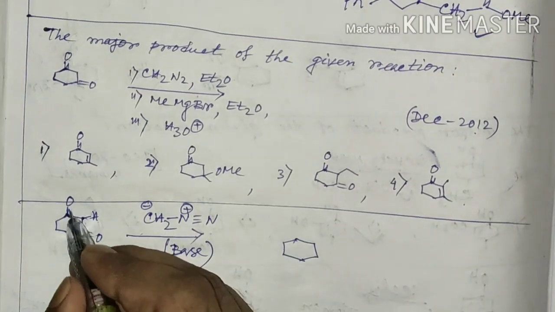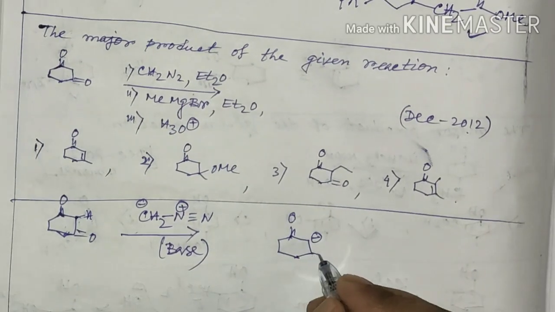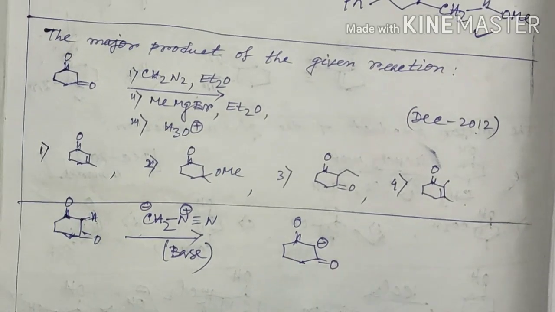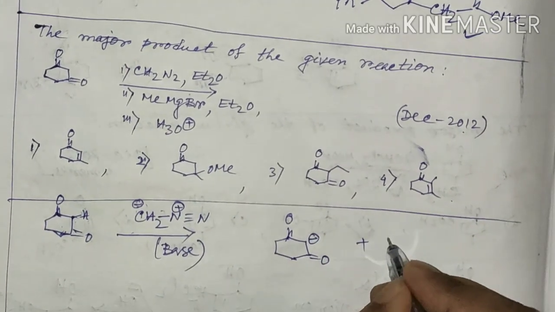Since at the alpha position there are 2 carbonyl groups, it will generate the corresponding anion, and the species generated by proton abstraction from diazomethane is like this.